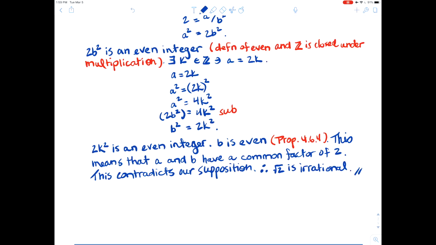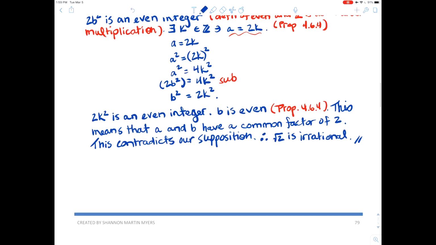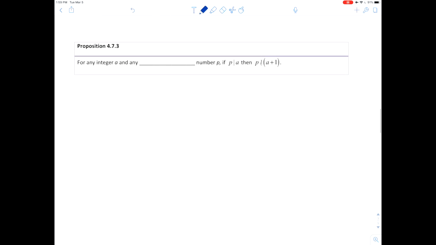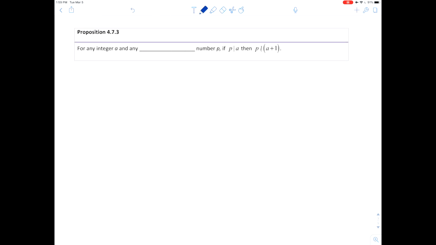You're good to go. And I just wanted to clarify here, when we said a was equal to 2k, this was also by proposition 4.6.4 from the text. Cool? Okay, so moving right along, we have to do some preparatory work in order to get to the theorem about the number of primes is infinite, or there are an infinite number of primes.